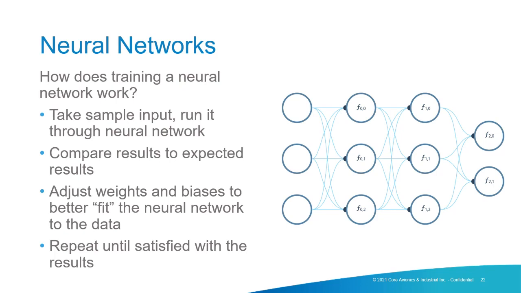And we'll keep doing this with hundreds, thousands, potentially even millions of different sample inputs, and repeat this adjusting process to better fit the neural network until we're satisfied with the results. And at that point, the neural network is considered trained, and then we can actually deploy it.